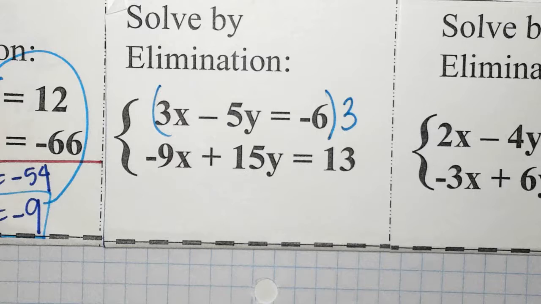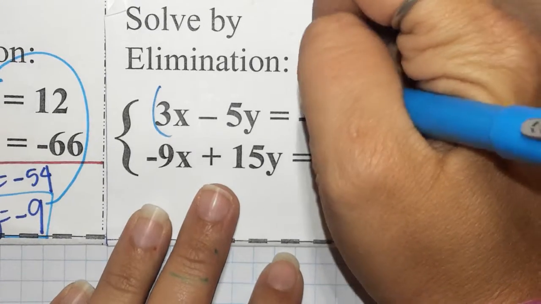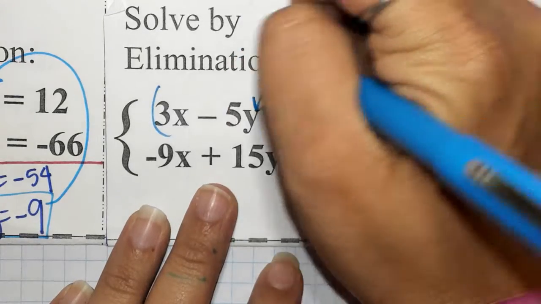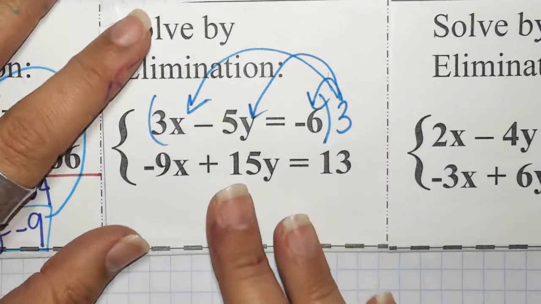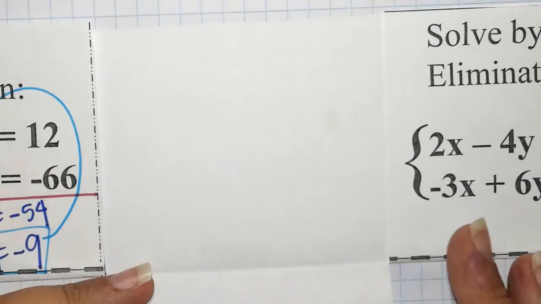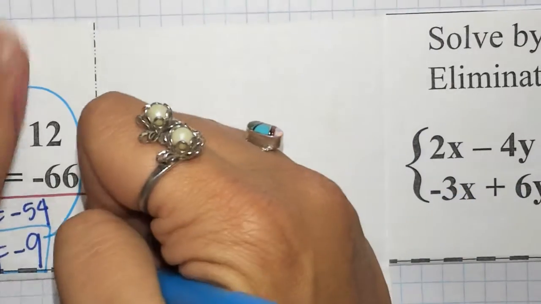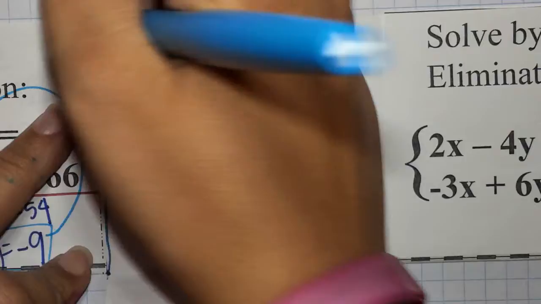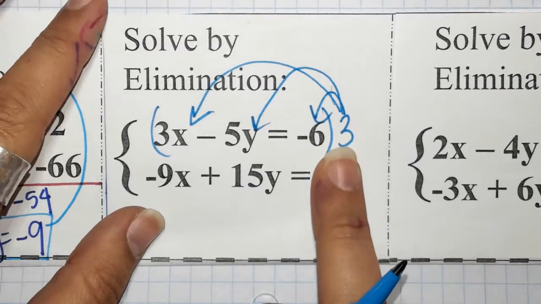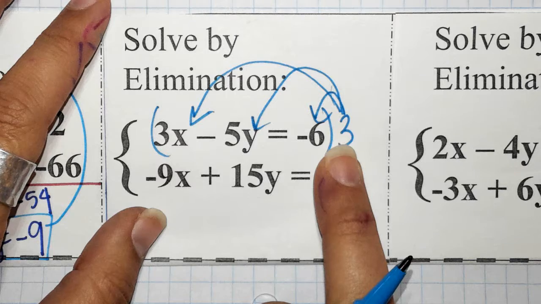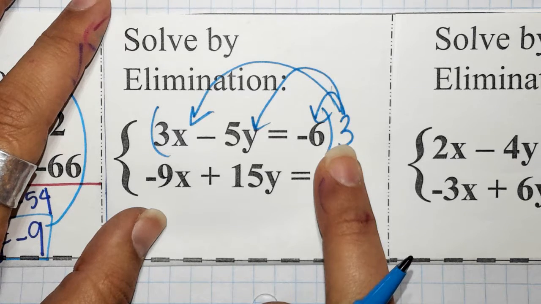The 3 goes to everything. So what we're going to do now is write our problem on the inside because we don't have enough room on the outside. Now, the 3 has to be distributed to everybody and leave nobody out.